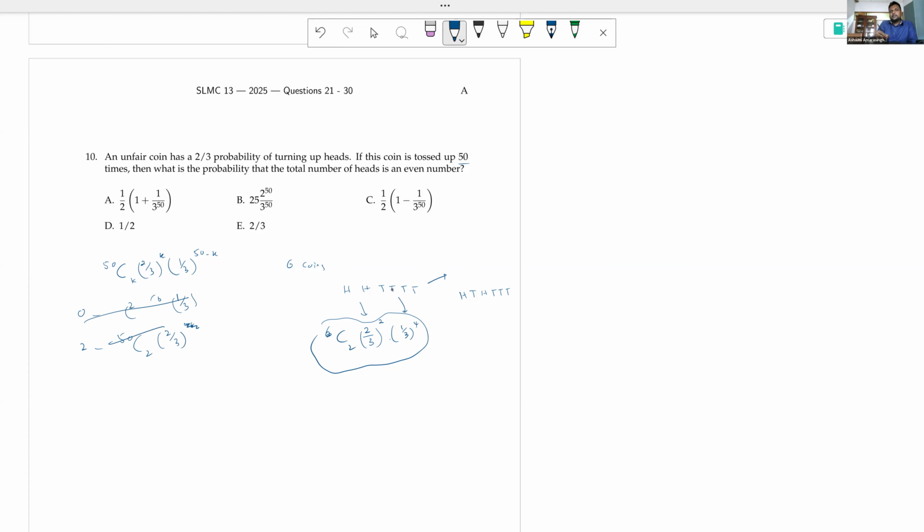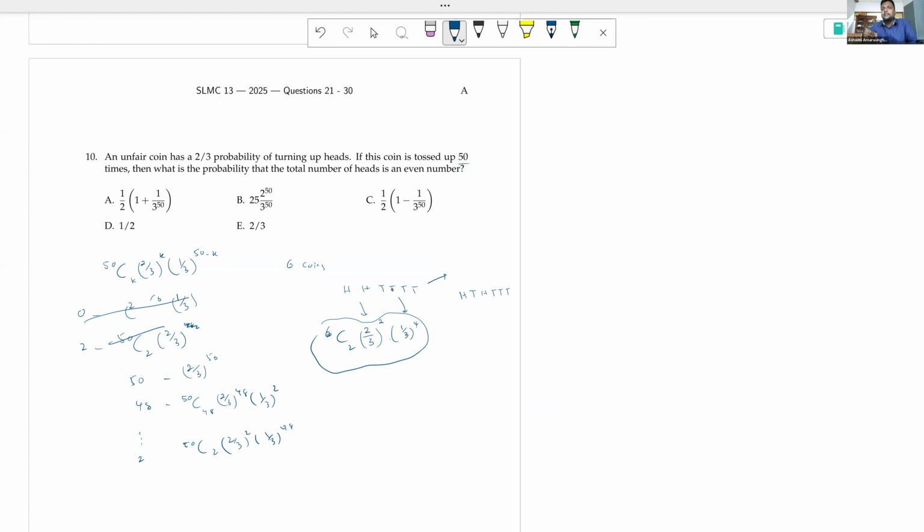So let's go backwards. 50 heads, it would be 2/3 to the power 50. And then 48 heads, that would be 50C48, and then 2/3 to the power 48 times 1/3 to the power 2. And then so on. 2 heads, 50C2, 2/3 to the power 2, 1/3 to the power 48.